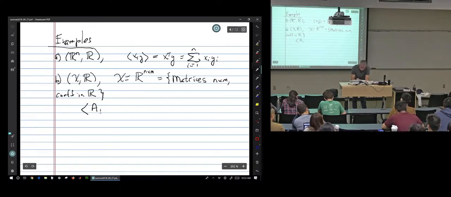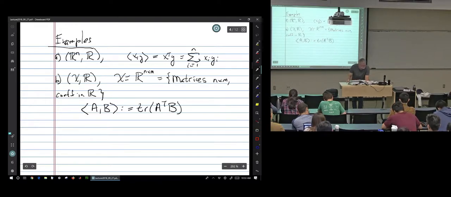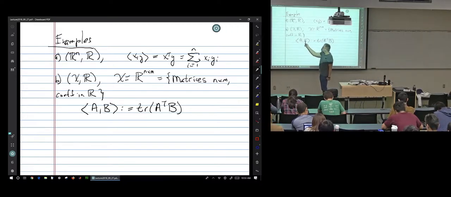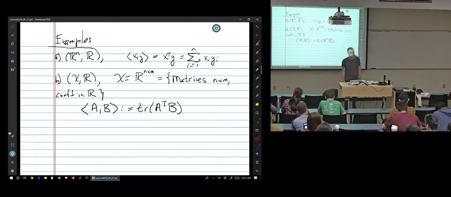The inner product of A and B, in this case, is the trace of A transpose times B. Okay, so I now know what it means for two matrices to have a trace that's 0. Hence, I know what orthogonality means for matrices.